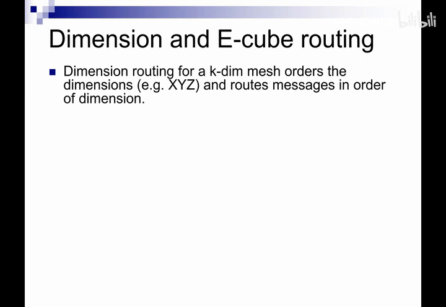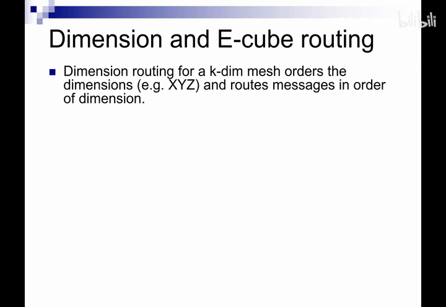So the first one we're going to look at is dimension and E-cube routing. Dimension routing basically means that if we're in a k-dimensional mesh, where k could be 1, 2, 3, or whatever value, then we're going to order the dimensions in some order. So if we're in, let's say, 3 dimensions, then we have x, y, and z dimensions, and we're going to order these in some fashion.